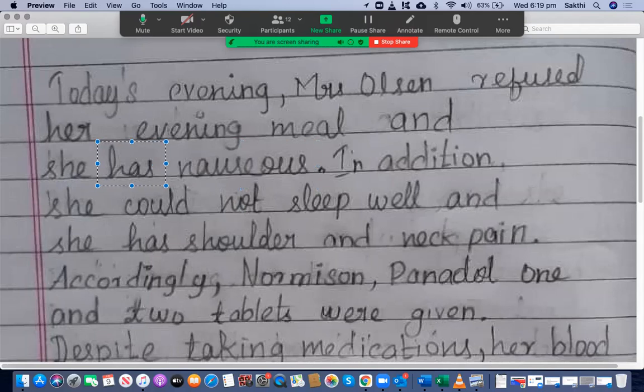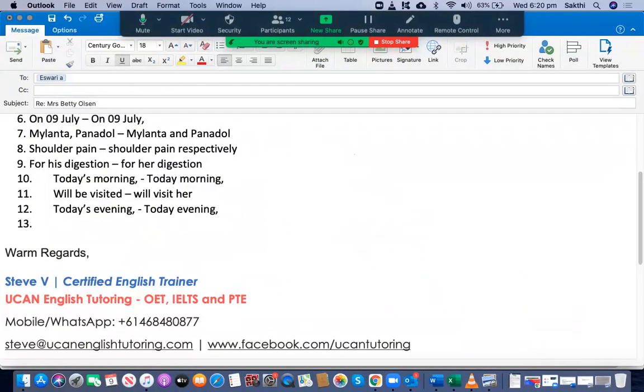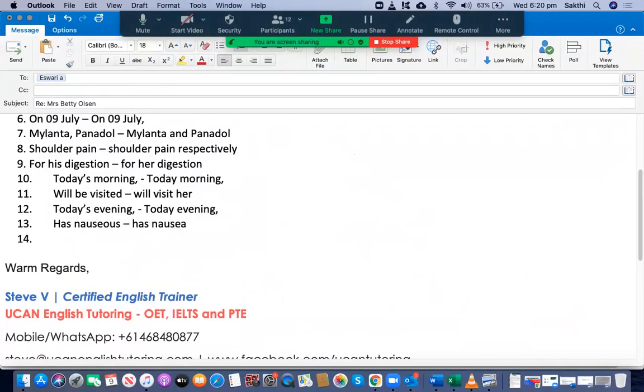So you should say she has beauty. Good. Beauty is a noun. So she has nausea. Otherwise, she was nauseous. So this one has nauseous. Couple of issues. This is wrong. She has nausea. All right.